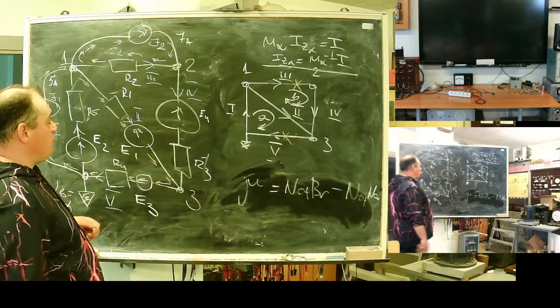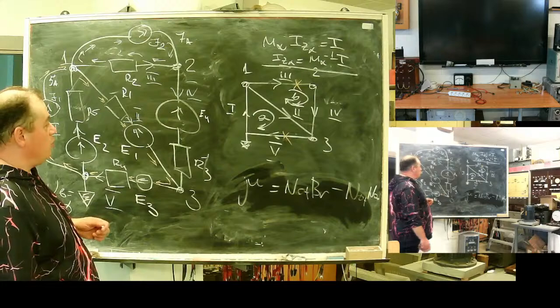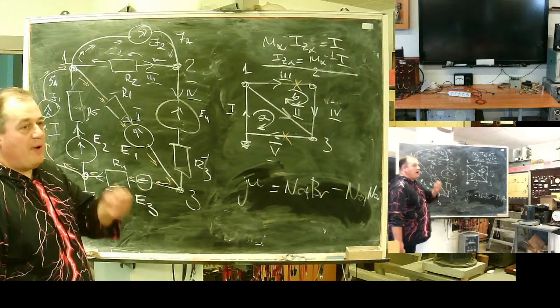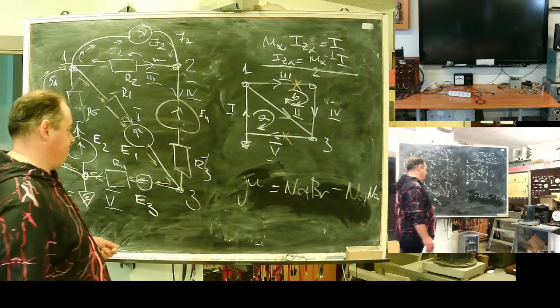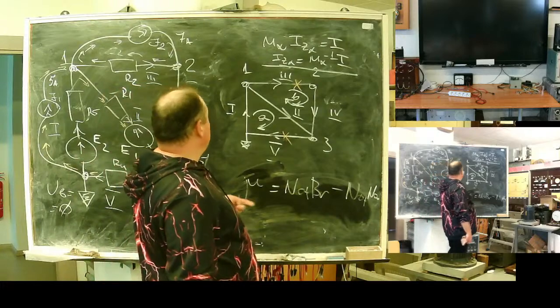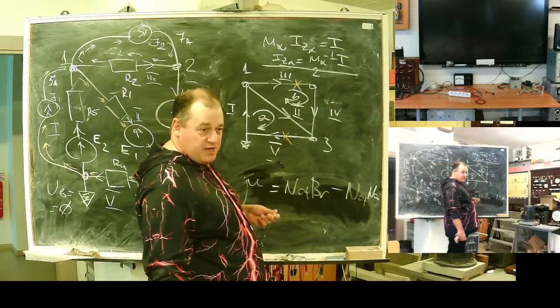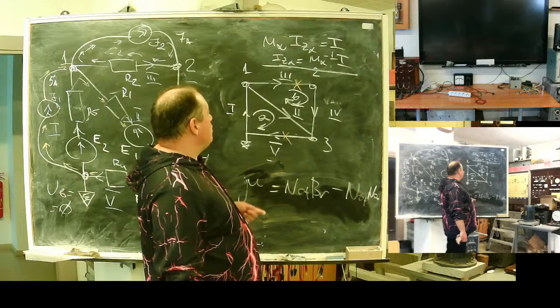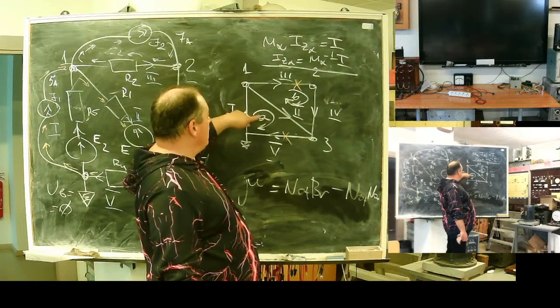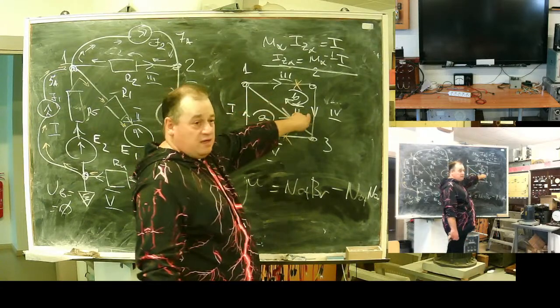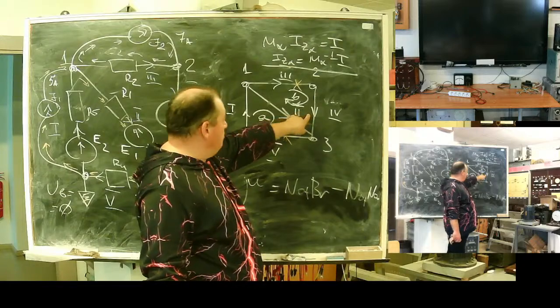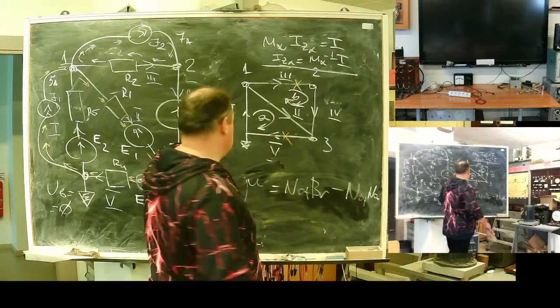That is the number of free or independent contours, the number of chords. Here, full network, 5 branches. 3 white lines, 1, 2, 3. 5 minus 3 means 2 independent.